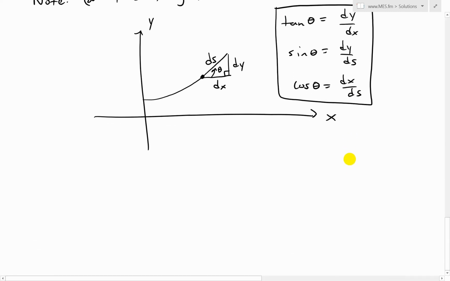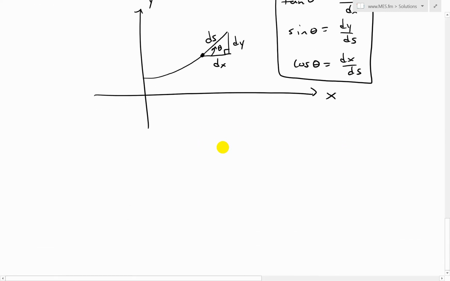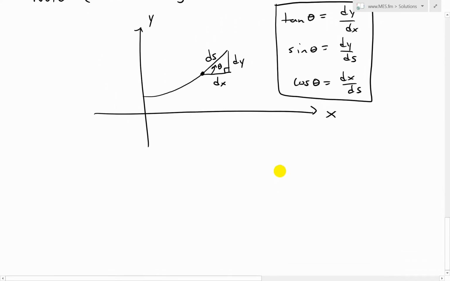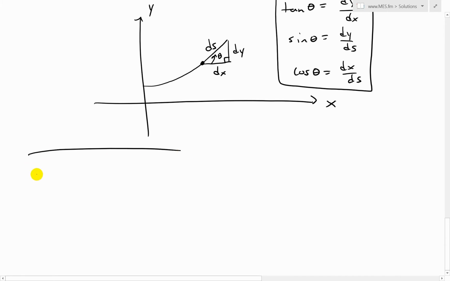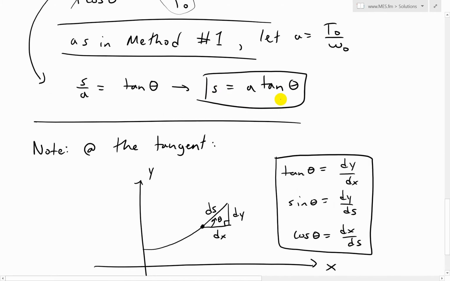So now we get to our method 2, and this one I actually got from Wikipedia, and it was pretty useful still. It's actually a pretty interesting derivation. First, another note: x is just a function. If you look at x, it depends on s, the line segment there.